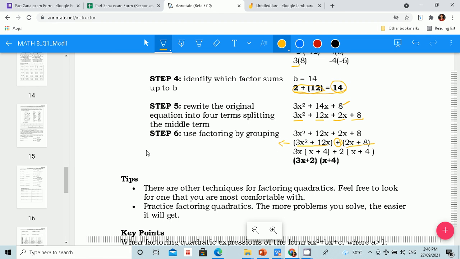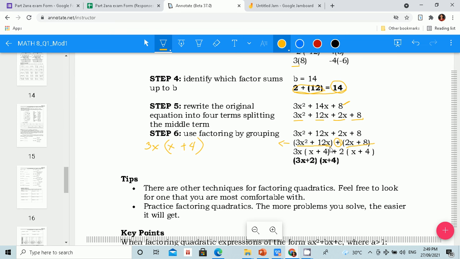If we have 3x squared plus 12x, what is the GCF? It will be 3. Then what about the variable? We have x. So 3x times, we will be left with x plus 4. 3x times x is 3x squared, plus 3x times 4 equals 12x.